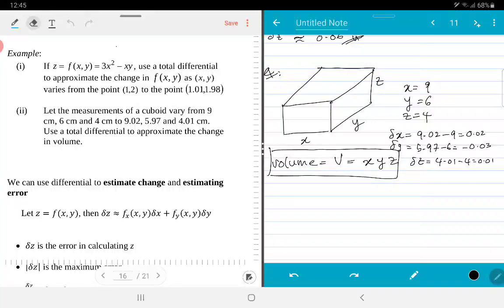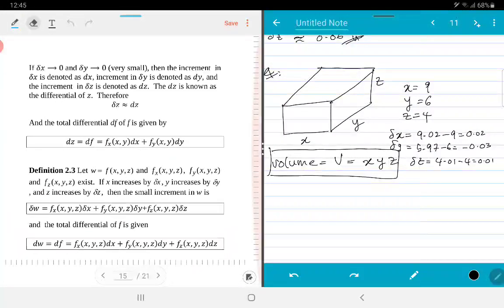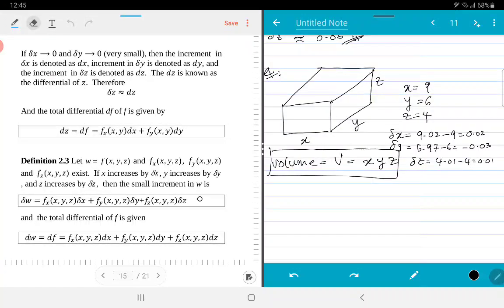We're going to use the total differential, or the increment. Since this is a function with 3 independent variables, we should have 3 terms. We can use either one; they're similar, total differential and increment, but I'm going to use this one because we have the delta there.